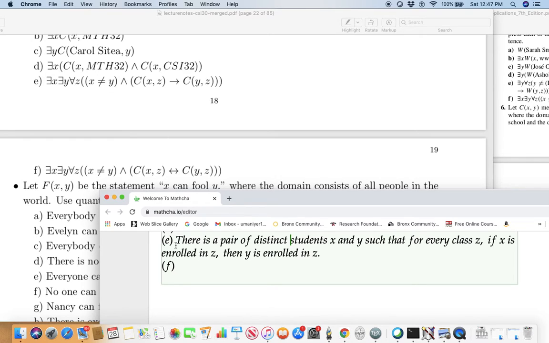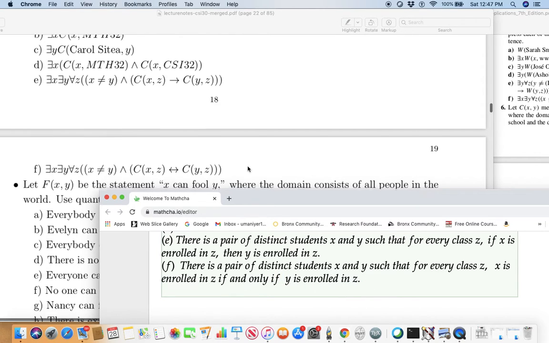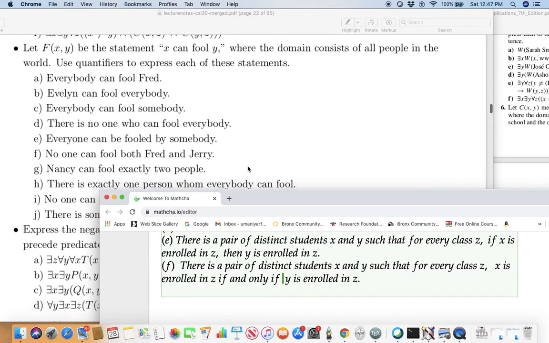It's if and only if. There is a pair of distinct students X and Y such that for every class Z, X is enrolled in Z if and only if Y is enrolled in Z. That's what this is. Okay? Let's continue in our next video.